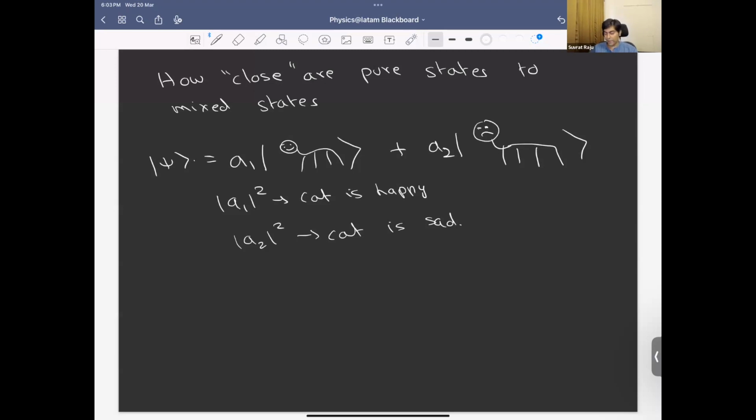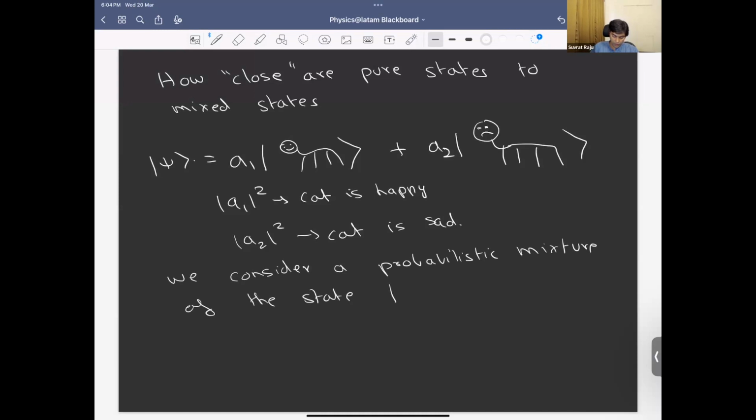However, even in quantum mechanics, we can have a slightly different way in which we can have the same kind of result for this particular question about the cat being happy or sad, and that is that we consider a probabilistic mixture of the state psi.